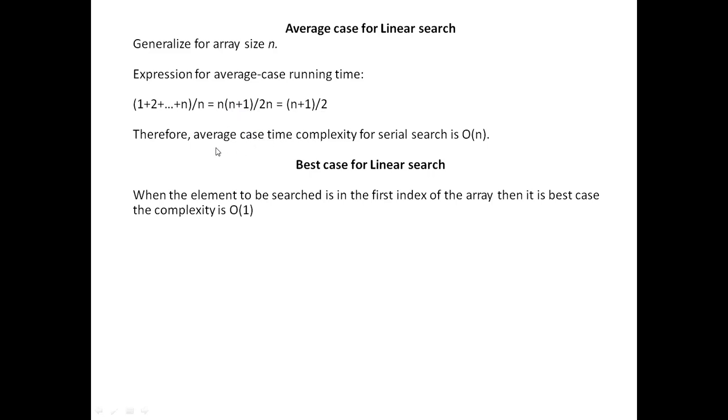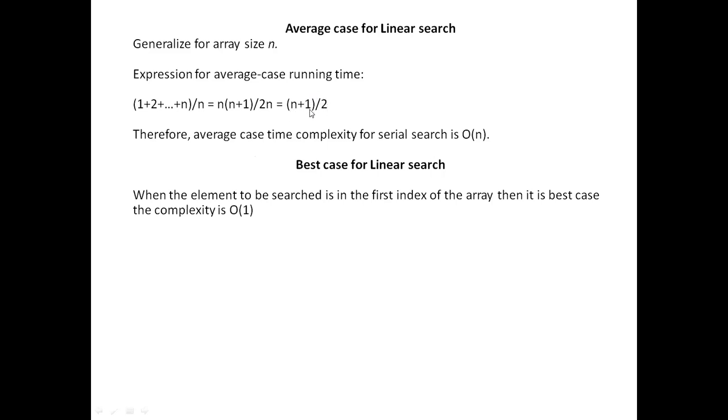So the average case is n by 2. How come it is so? Recall what I told you in the last class. We used to neglect the constant values, and so it is n by 2 plus 1 by 2.